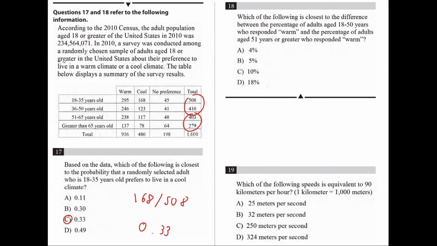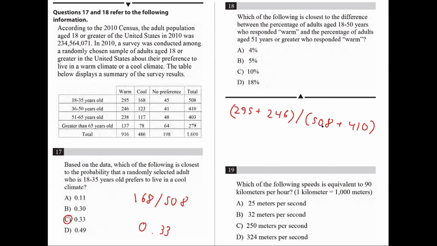So what we have to do is 295 plus 246 over the totals for the two, which is 508 plus 410.